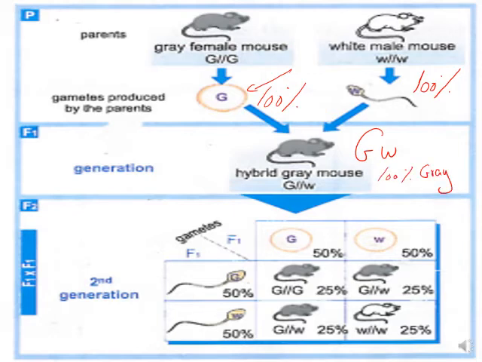Then we have F1 crossed with F1 in F2. F1 crossed with F1 is called self-cross. F1 are hybrid. So in the males we have G representing 50% and W representing 50%.